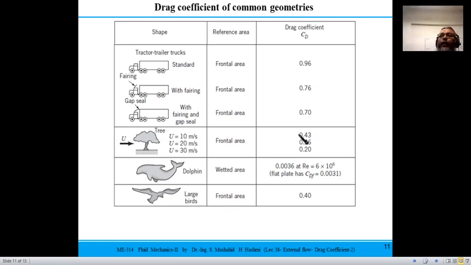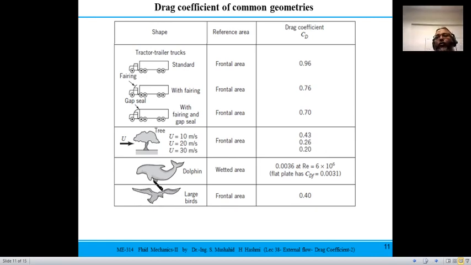They have different values of the drag coefficient, because we know the drag coefficient is a function of Reynolds number. If speed is changing, the Reynolds number is changing, and once the Reynolds number is changing, the drag coefficient is changing.